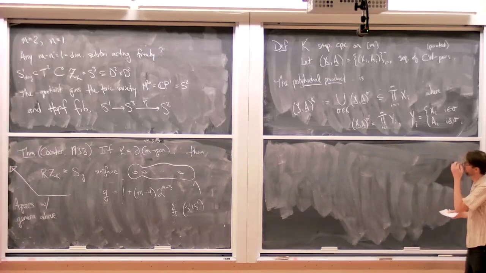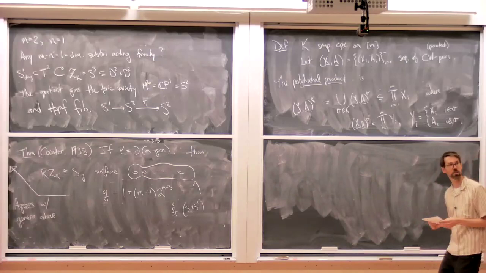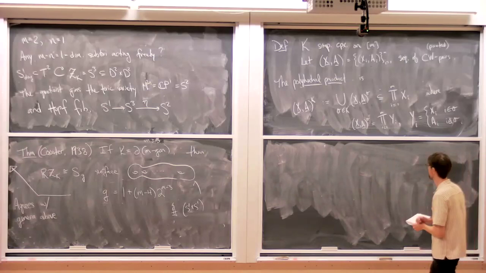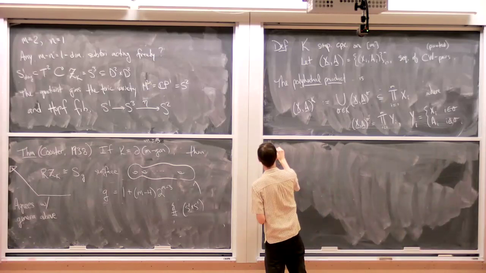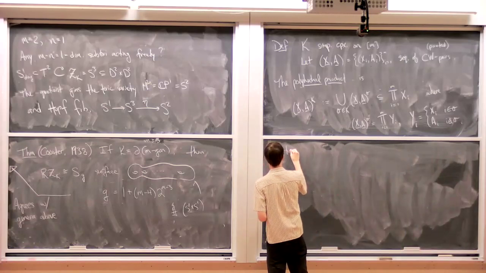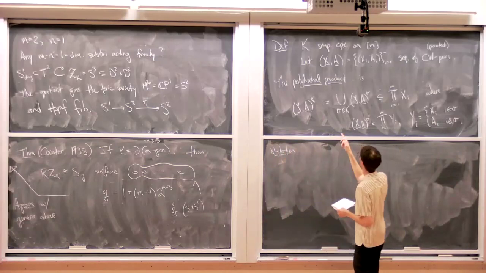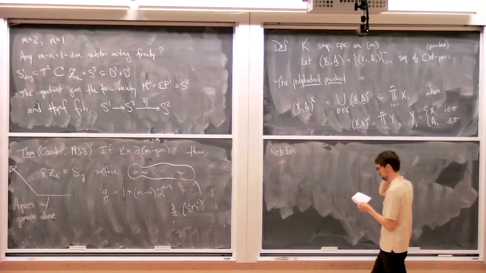Okay, so finally, here's the main definition. I don't know what should get into the rest of today, but notation: all the examples we've seen so far, all the X_i's have been the common space, and same with A_i.